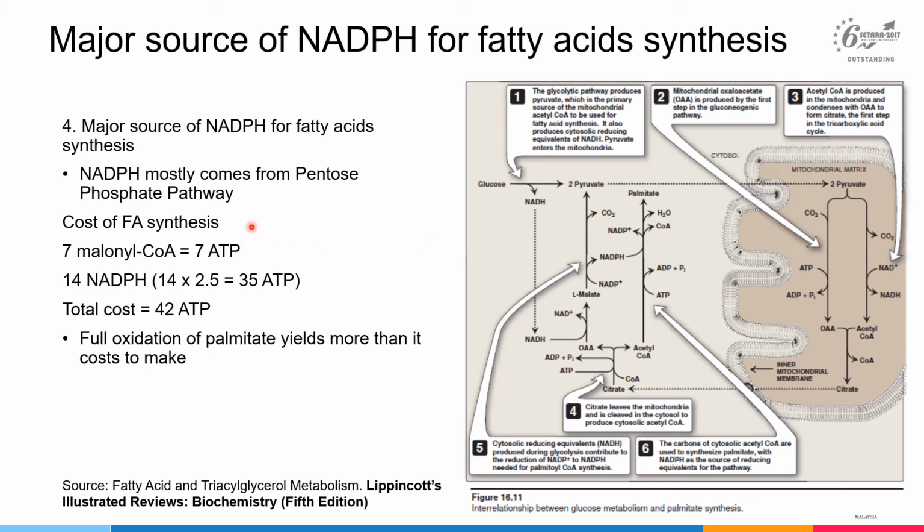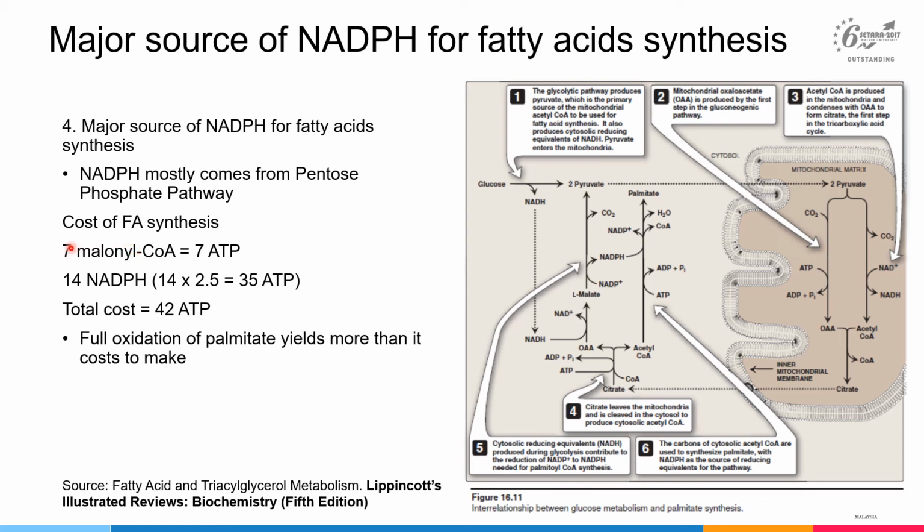Now let's look at the cost of building palmitate, which is a 16 carbon long fatty acid. Each malonyl CoA has 2 carbons. If you want to make a 16 carbon chain, you need 7 malonyl CoA, because remember, we fused the first malonyl CoA with an acetyl CoA in the reaction.